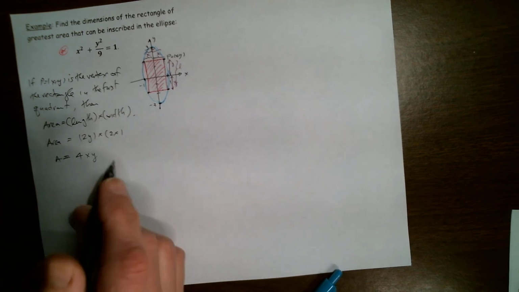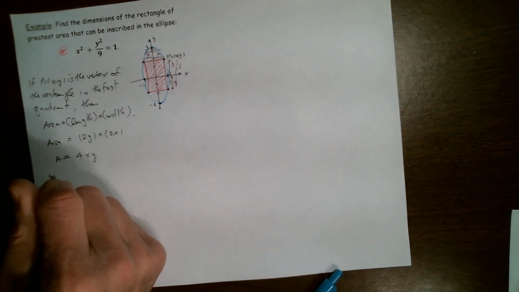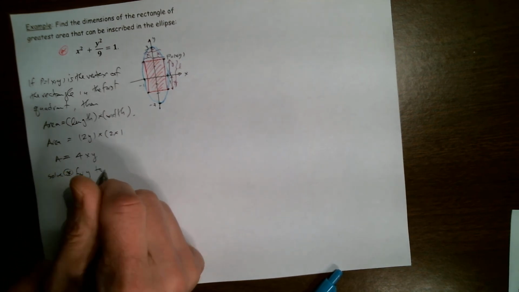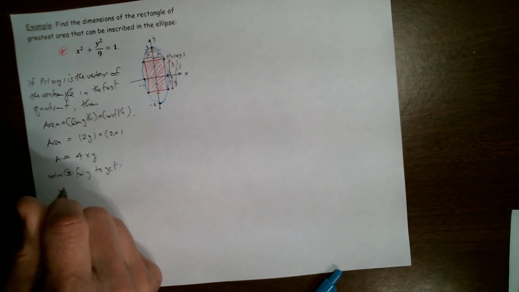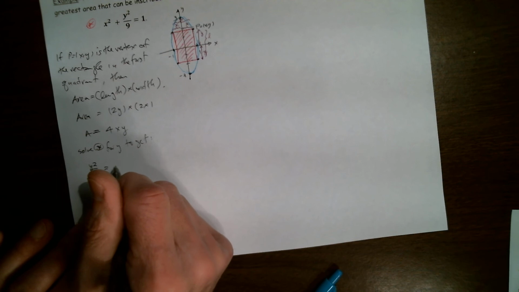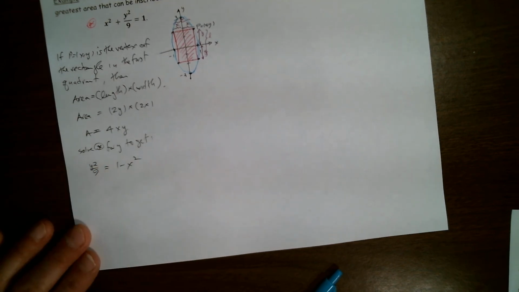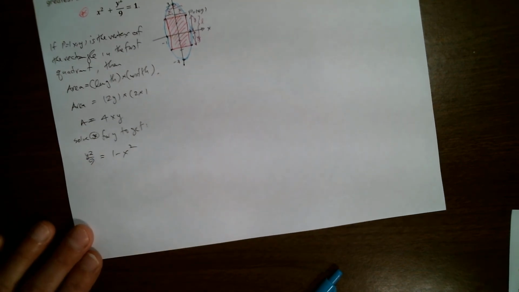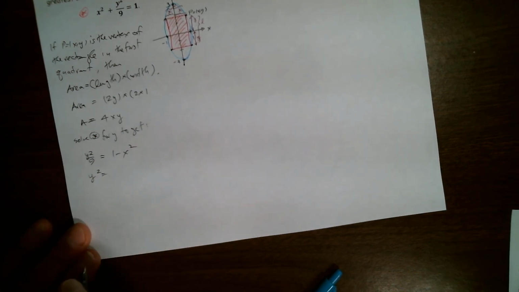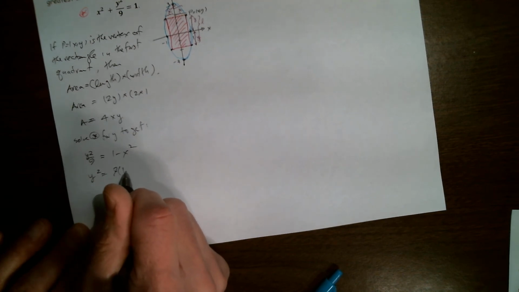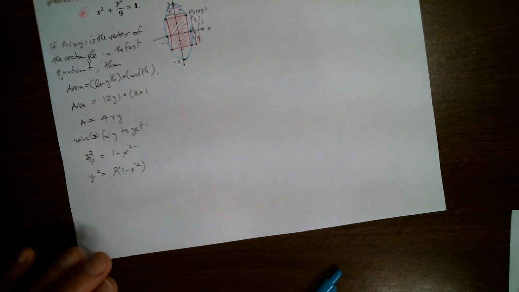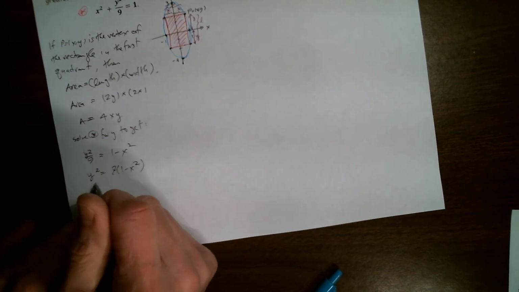And so therefore, if we solve the equation star for y, we get y squared divided by 9 equals 1 minus x squared. Multiply both sides by 9: y squared is equal to 9 times (1 minus x squared), and we could go further by taking square roots.